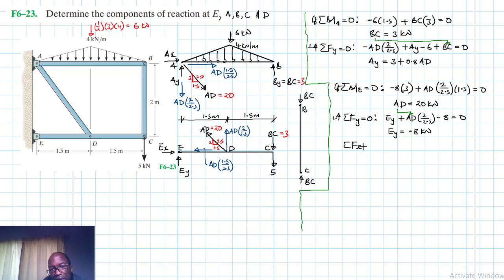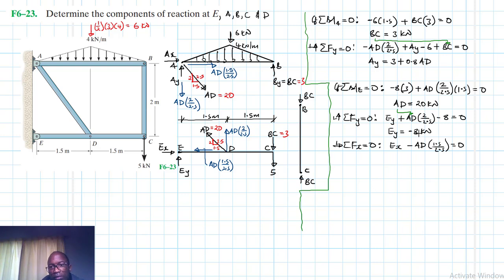Then summation of forces in the x direction equal to 0. What do we have? We have EX minus AD by 1.5 divided by 2.5 equal to 0.